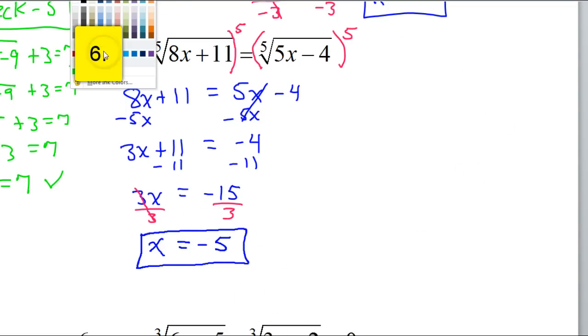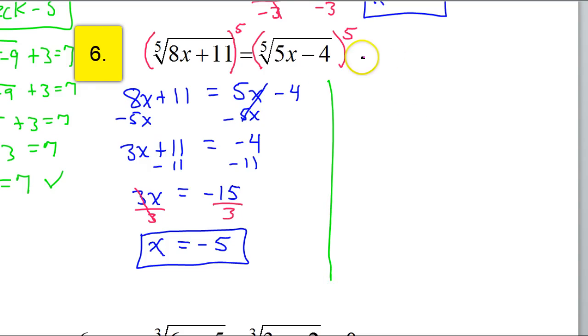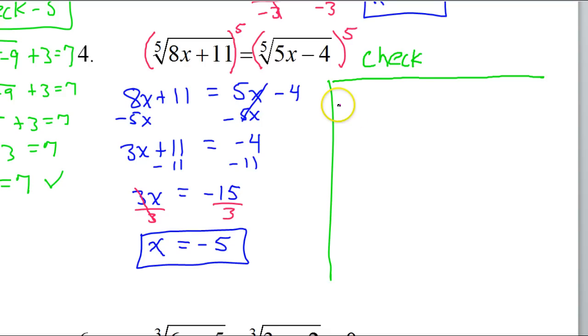Alright, on radical equations, checking your answer is not optional, it is mandatory. Okay, so here we go, check. So checking our answer means plugging this back in. So that would mean we will have the fifth root of 8 times negative 5 plus 11.